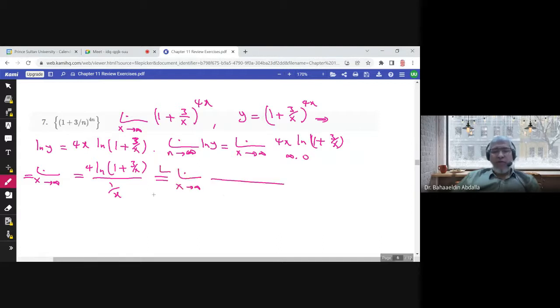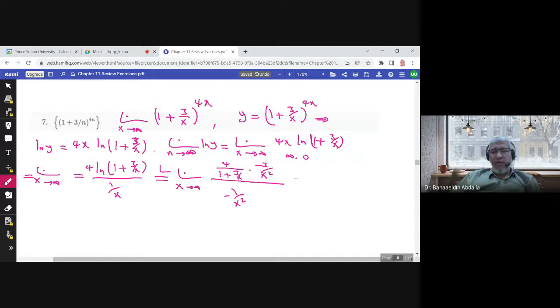The derivative of 1 over x is negative 1 over x squared. The derivative of ln of 1 plus 3 over x is 1 over 1 plus 3 over x times the derivative of 1 plus 3 over x. The derivative of 1 is 0. The derivative of 3 over x is negative 3 over x squared.